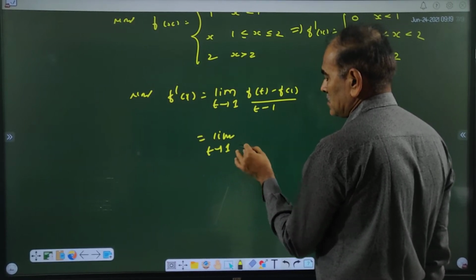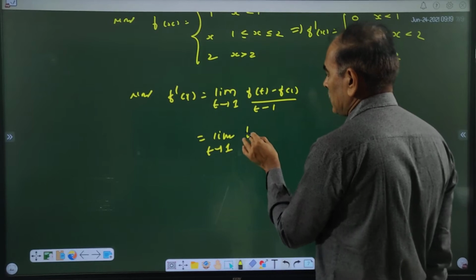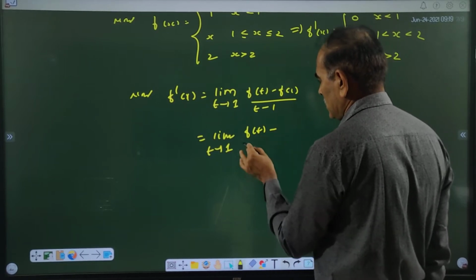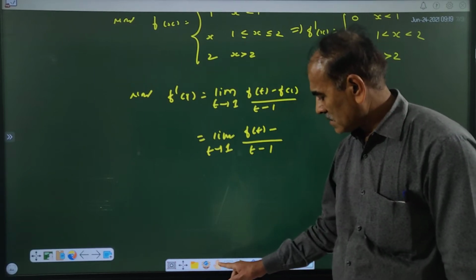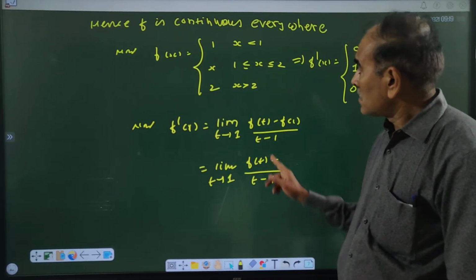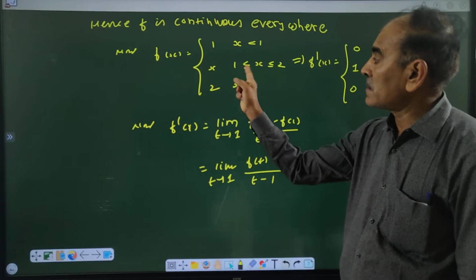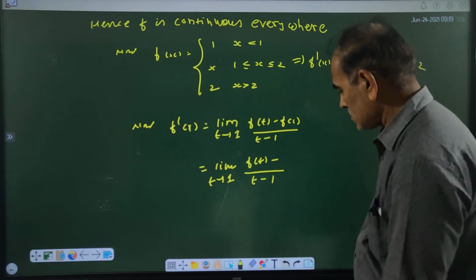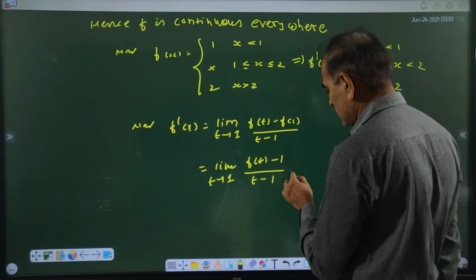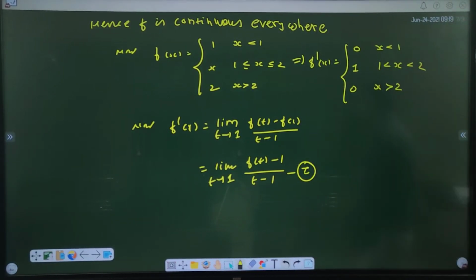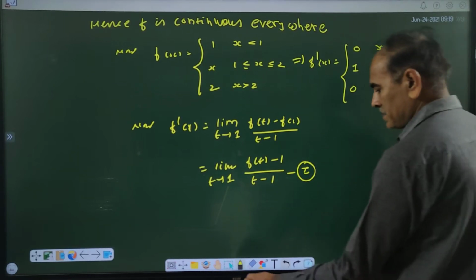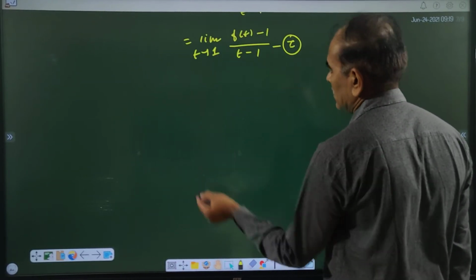What is f of 1? f of x is equal to 1 whenever x is equal to 1. Prove that this limit does not exist, so the function is not differentiable at x equal to 1.